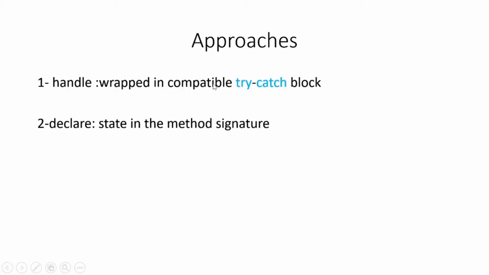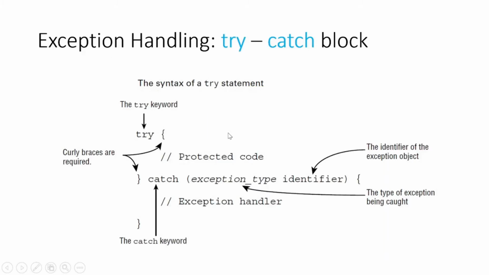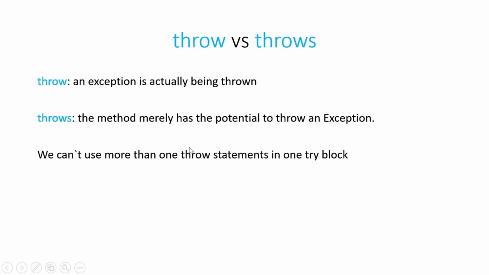As you have seen, here you have two keywords, throw and throws. Throw means an exception is actually being thrown, as you have seen inside the try block, where we threw an exception with an exception object. And throws means the method merely has a potential to throw an exception. We use it in the declaration.